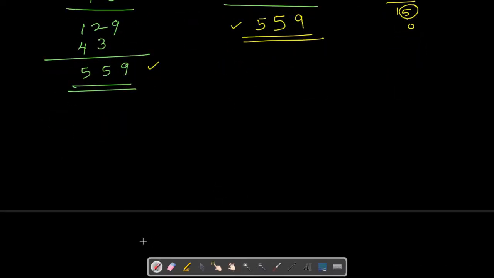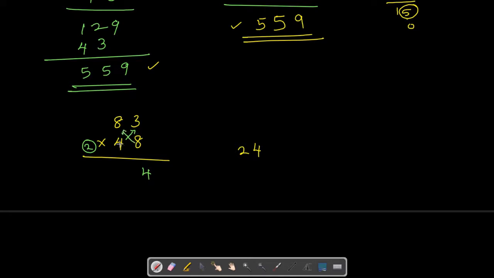Let me say I have 83 times 48. Let me solve it in the quickest way. 8 times 3 is 24. I'll be taking 4 over here and I'll take a 2 as carry forward. Now in the next step, I need to do the cross multiplication.